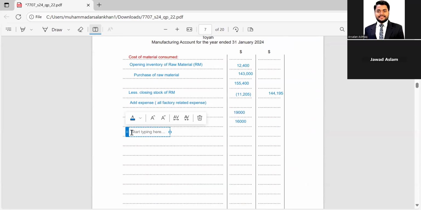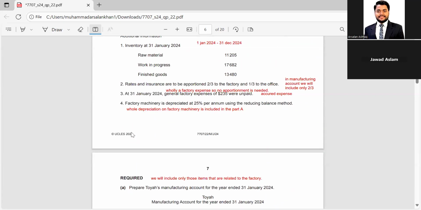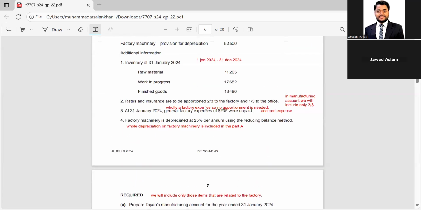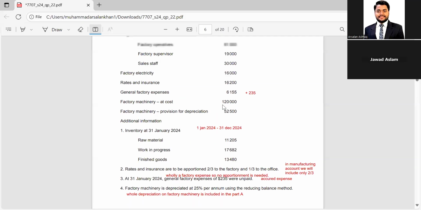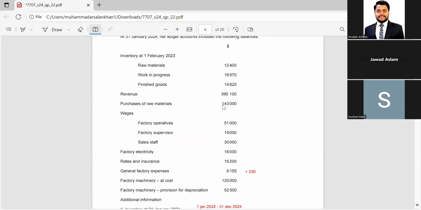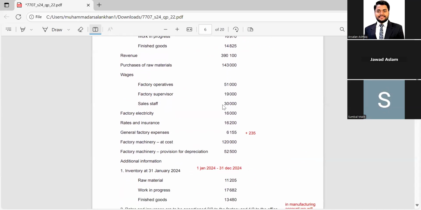Then I will include rent and insurance. Okay. But in the adjustment number 3, I guess, they have given us the proportionate fraction. They say that 2 upon 3 relates to factory. So rent and insurance is to be apportioned by 2 upon 3. The figure is 16,200.